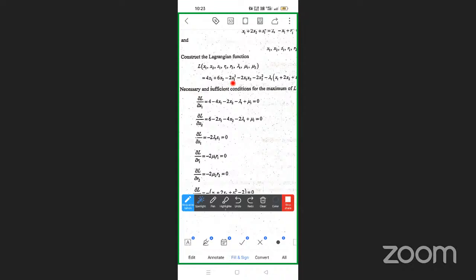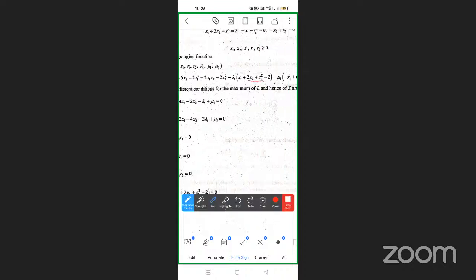Minus 4x1: x to the power n form, n into x to the power n minus 1, so 4x1. Next, x1 differentiation is 1, so minus 2x2. Here minus lambda, x1 differentiation is 1. Remaining all are zeros, these are constants: x2 constant, s1 constant, 2 also constant.